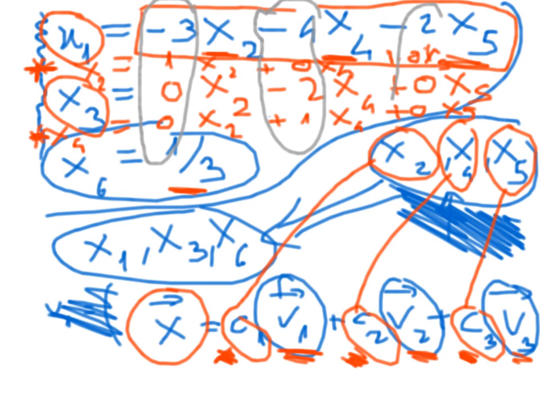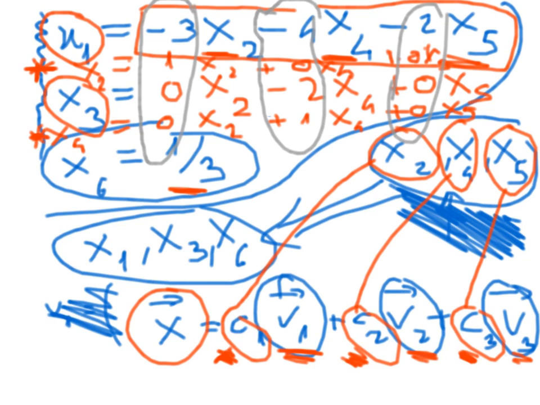I would need more space, but just write this in a better way than me and look at the first one: minus 3, 1, 0, 0, and if you go on 0 and 0. And the second one is minus 4, 0, minus 2, 1, and then 0, 0. We need 6 components as we are in a subspace of R6.